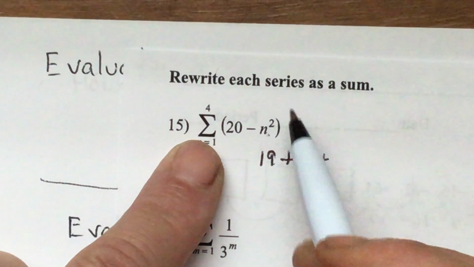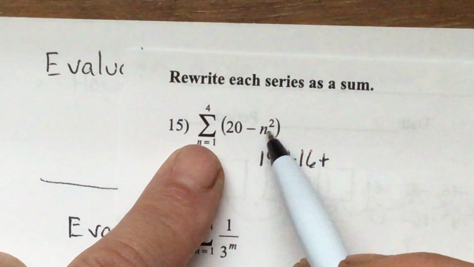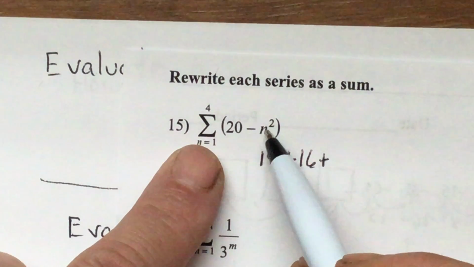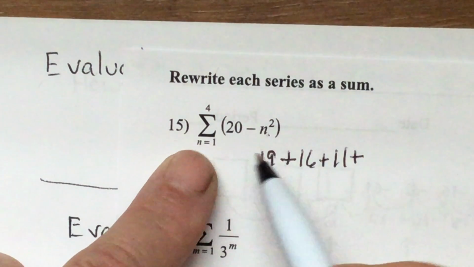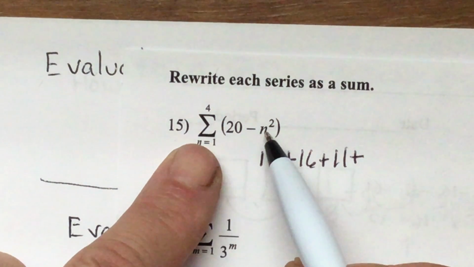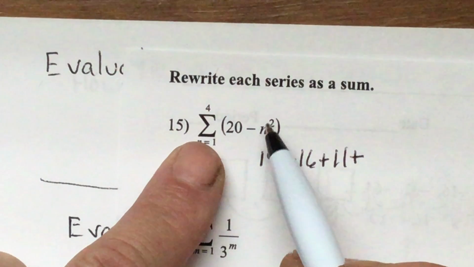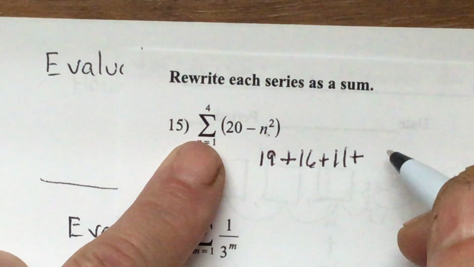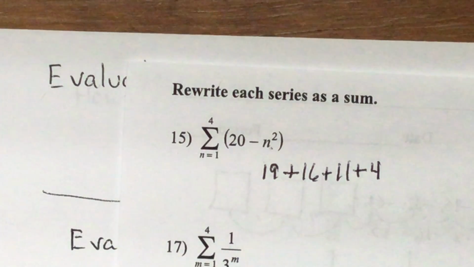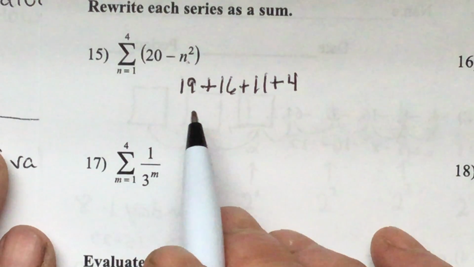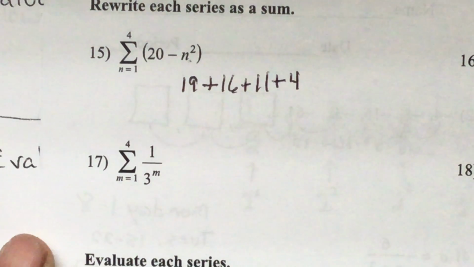Plus, now it's 3. 3 squared is 9. 20 minus 9 is 11. Plus, now it's 4, our last one. 4 squared is 16. 20 minus 16 is 4. That one's done. That's how you will do 15 through 18.